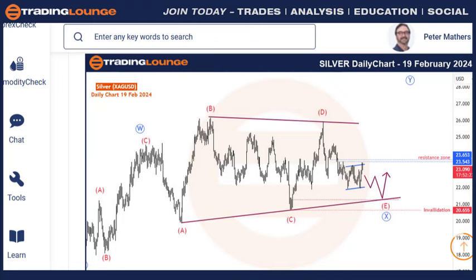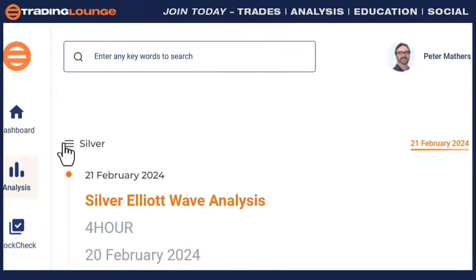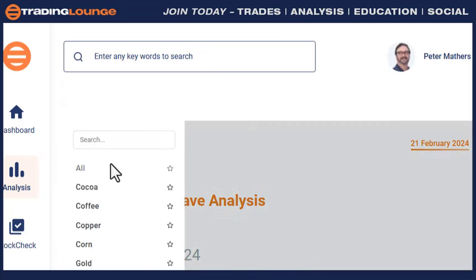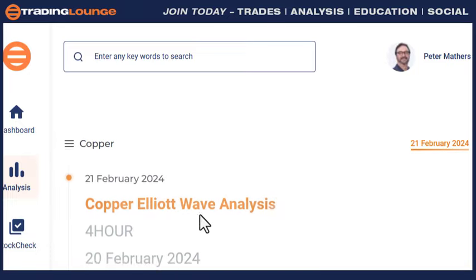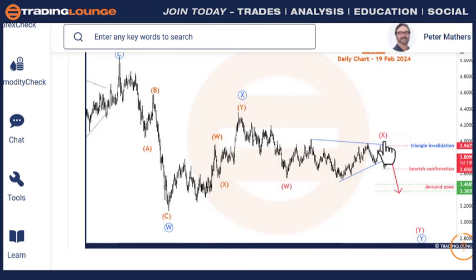And of course, when we're talking about China and commodities and the Australian dollar, then we need to look into Dr. Copper as well, and it's also still under pressure to the downside here.